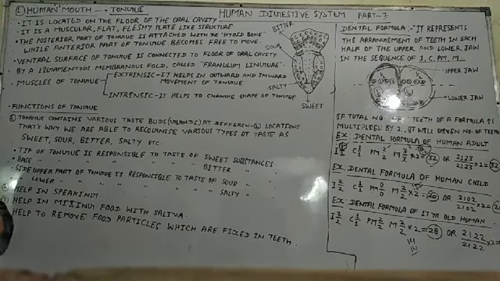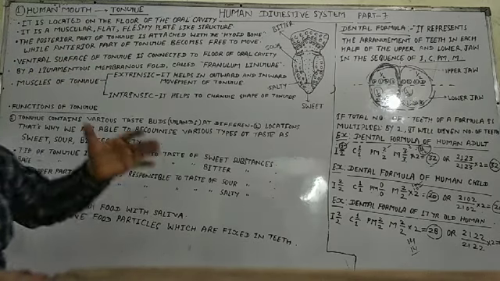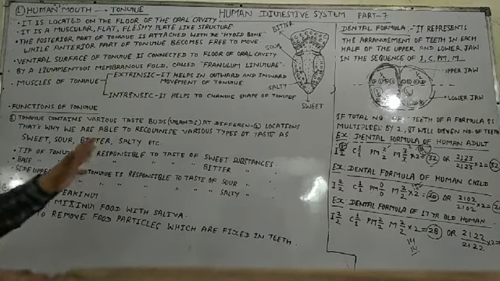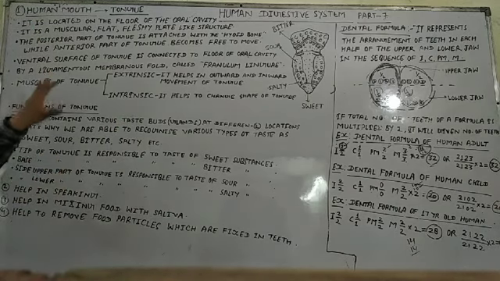So we can say that this is the completion of the digestive organs found in the mouth. Clear, students? I think there are no remaining portions in the tongue. So this is all about the mouth.